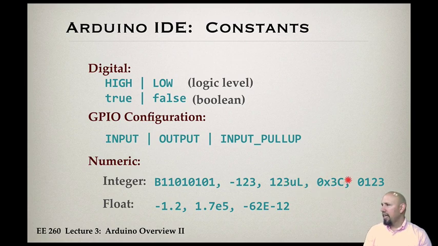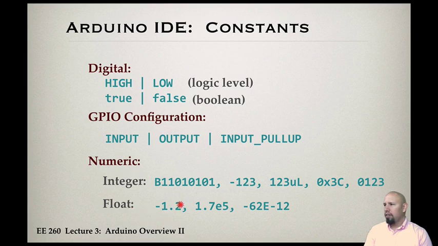I can define things as a hexadecimal number, or if I set a 0 out in front, I can define it as an octal number. We won't be using much in the way of octal here, but in some areas it's very desirable to program in octal. Octal has some advantages that hexadecimal has. It's base 8 versus base 16, but we won't be using octal really very much.